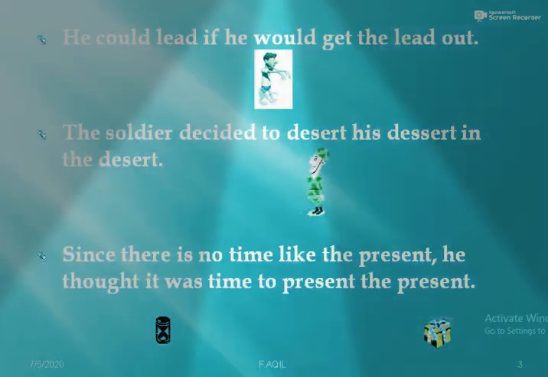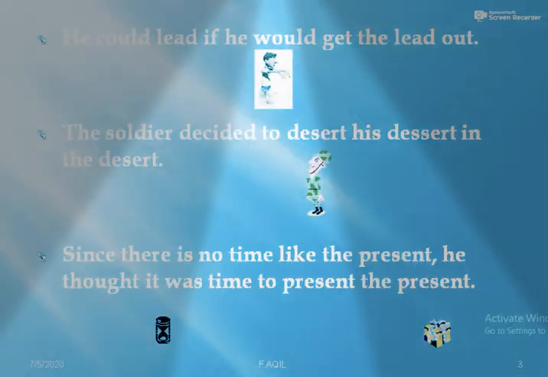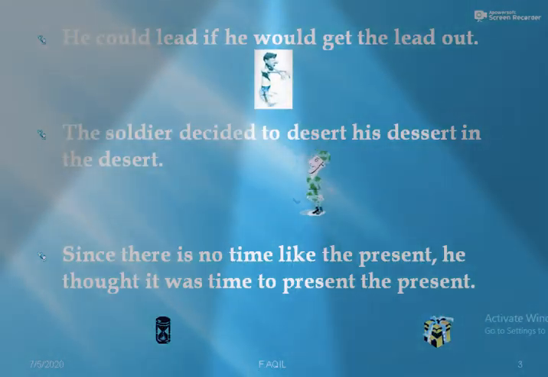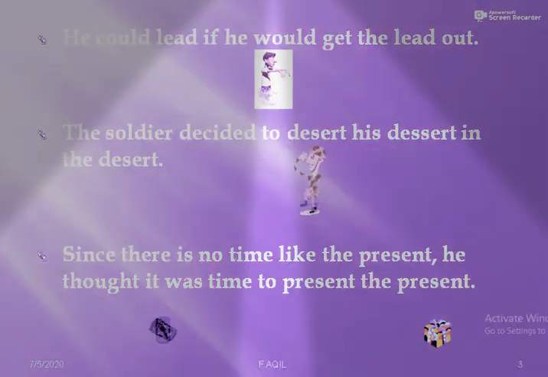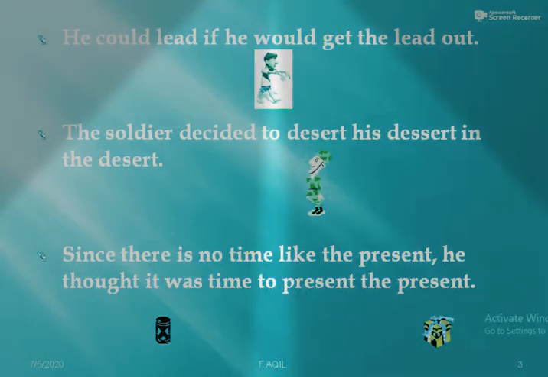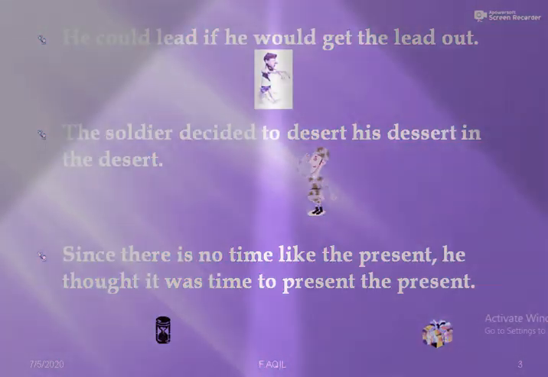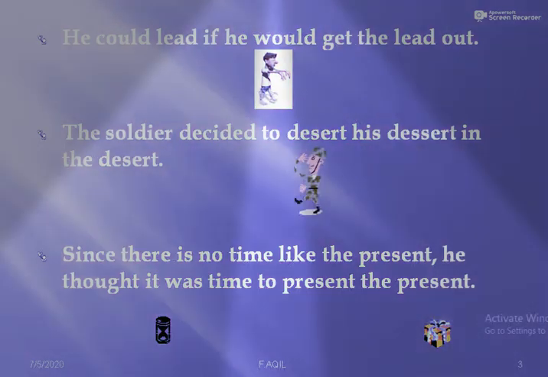The second one is dessert, that is the sweet we take after meals, anything that comes in a sweet dish. And the third one, desert, that is the sandy area that has a lot of sand only. For example, the largest desert in the world is Sahara Desert. So the soldier decided to desert his desert in the desert.